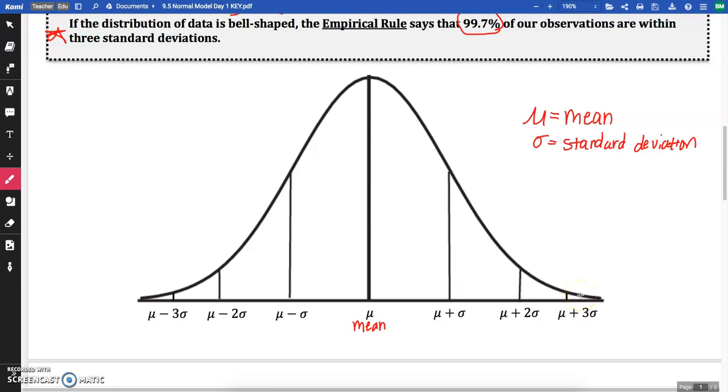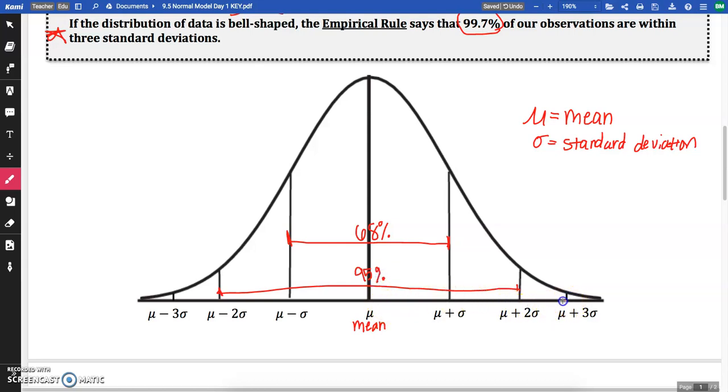So let's look more specifically at how much of the data is in each column. Mathematicians have found that between the first standard deviation above and below, we have 68% of the data. Between 2 standard deviations, we have 95% of the data.